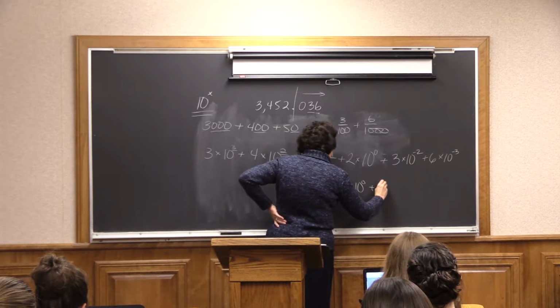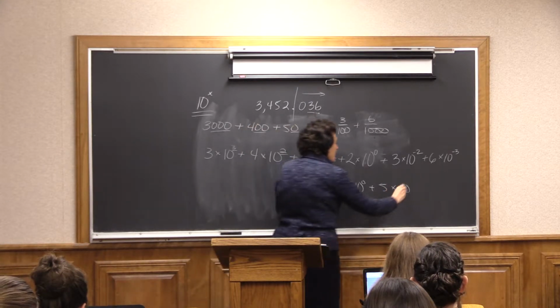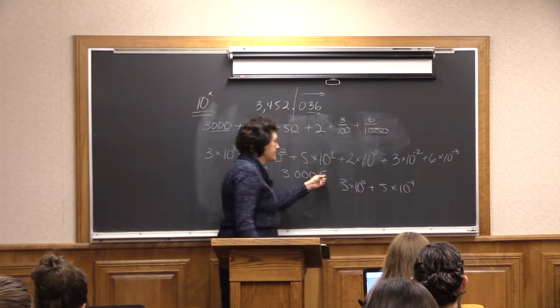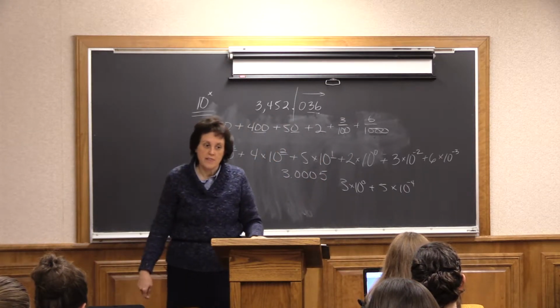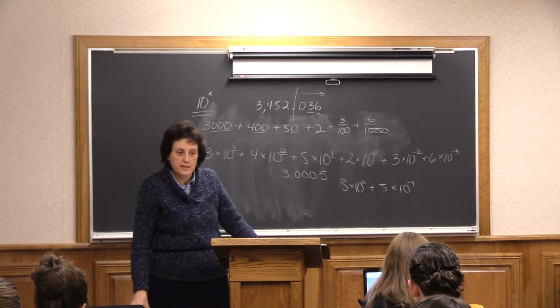So then this is going to be 5 times 10 to the -4th power, because this is 5 10 thousandths. 10,000 has 4 zeros behind it, correct?